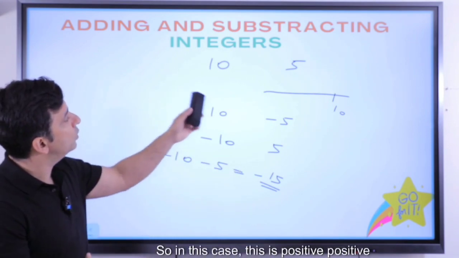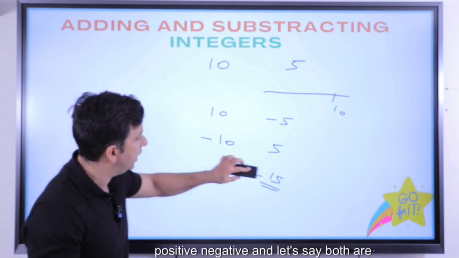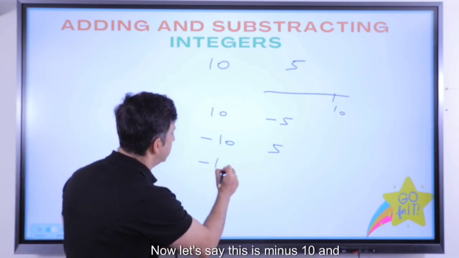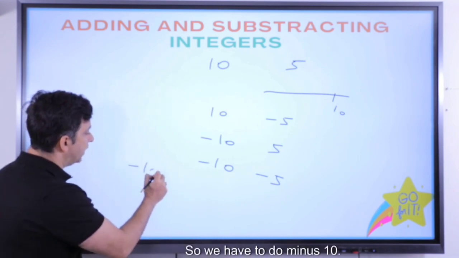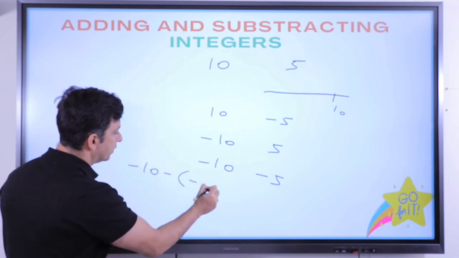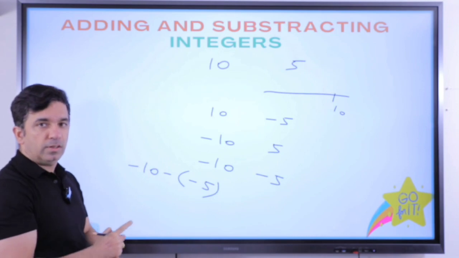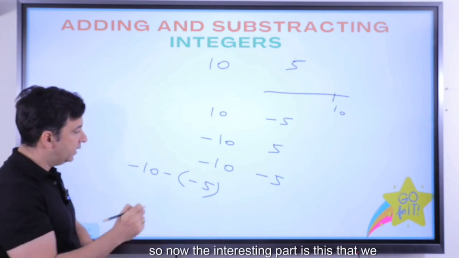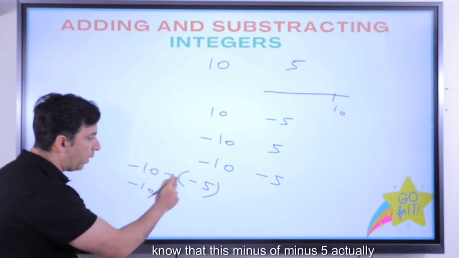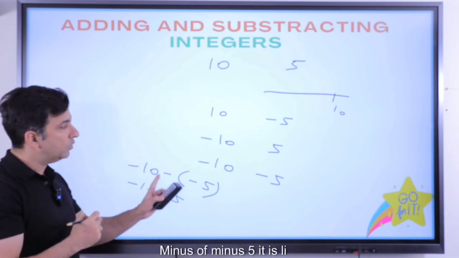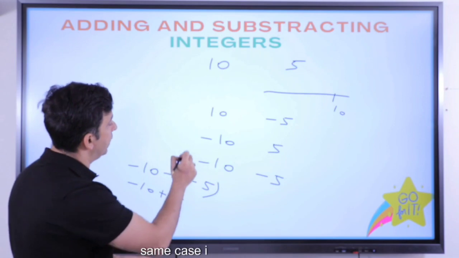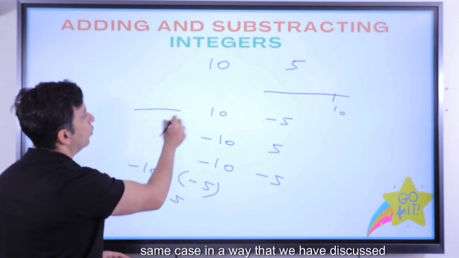So in this case, the first was positive, the second negative, and let's say both are negative now. Now let's say this is minus 10 and this is minus 5. So we have to do minus 10 minus minus 5. Now the interesting part is this: we know that the minus of minus 5 actually becomes plus 5. It is the same case in a way that we have discussed over here.